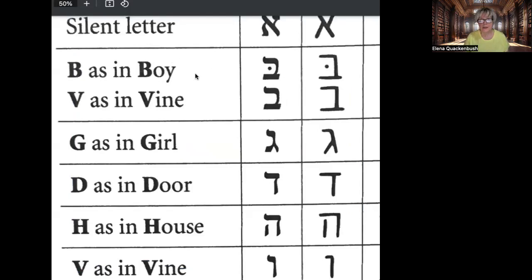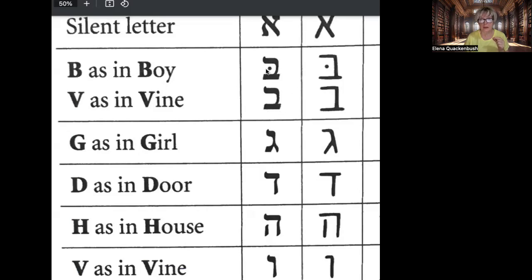The letters produce a sound identical to the first sound of the name of the letter. If it is Bet, it gives us the sound B. If it is Vet, it gives us the sound V.